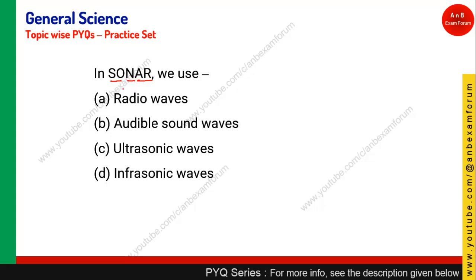It is normally used in submarines or ships. It is basically an underwater device which uses some wave to find the distance of an underwater object. So that's what the question is asking: which type of wave is used in sonar?